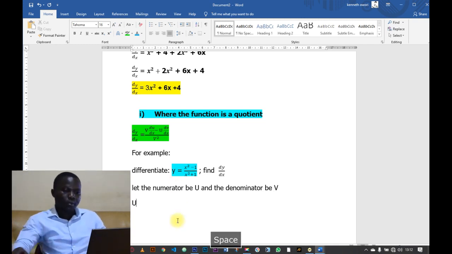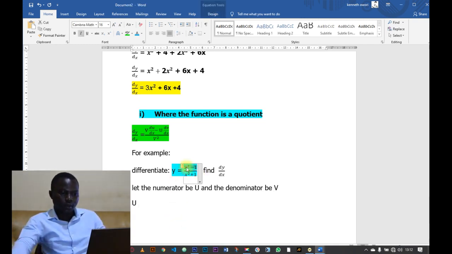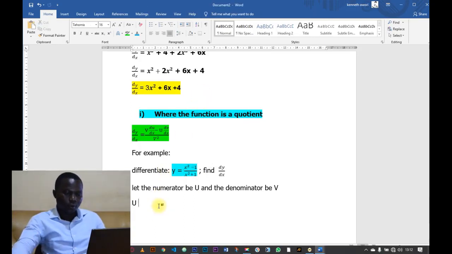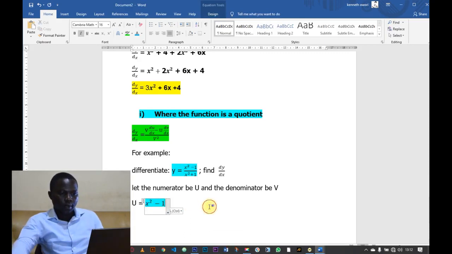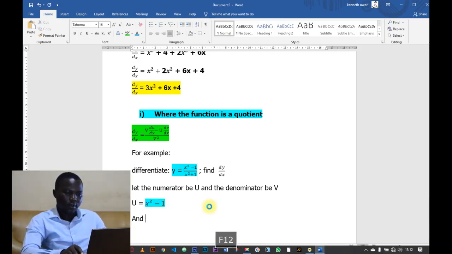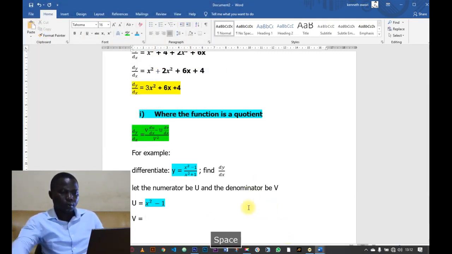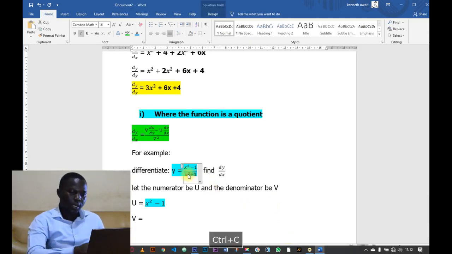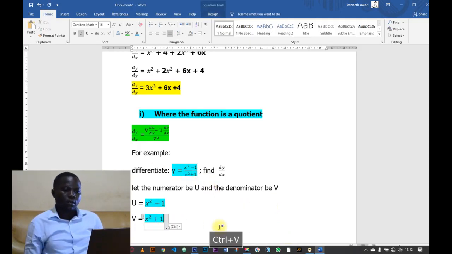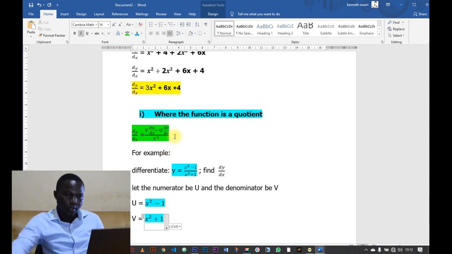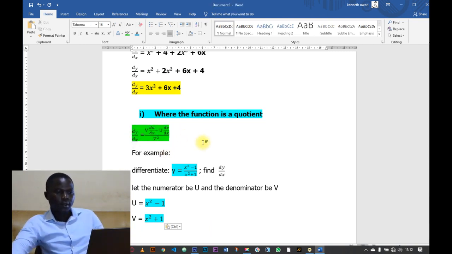So our u would be x squared minus 1, and v would be x squared plus 1. So now we have u, we have v. Remember, we are using the quotient rule, which is in green as I'm highlighting it. Now we need to find du dx and we need to find dv dx.